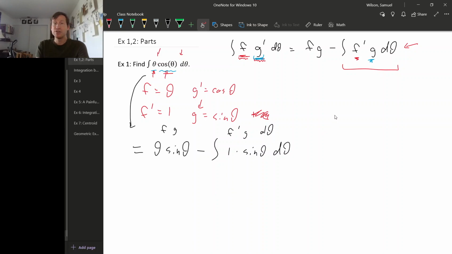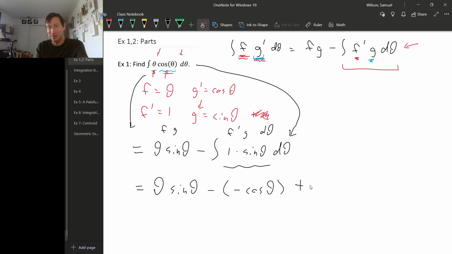Now you can see we didn't completely solve this integral, but we turned a difficult looking integral into a different integral that's easier. This integral is so simple that we know what it is immediately. So theta times sine of theta minus, and the antiderivative of sine is negative cosine theta.